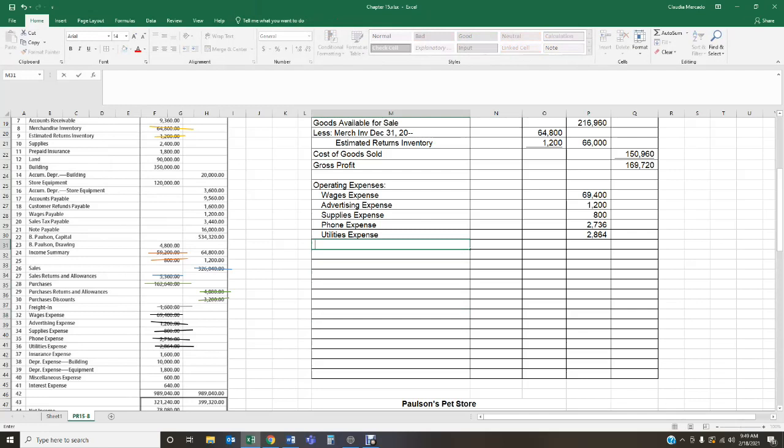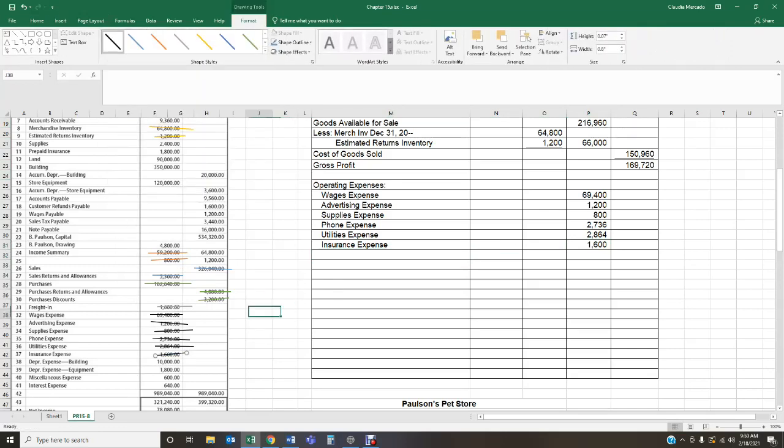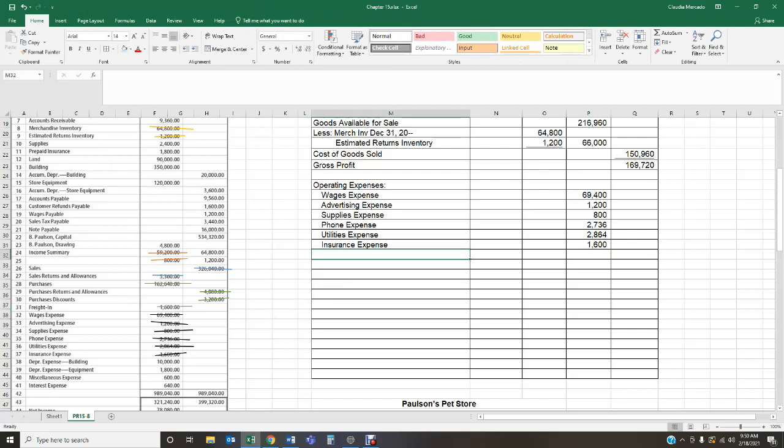Next we have insurance expense. My insurance expense is $1,600. Then we have depreciation expense for the building.